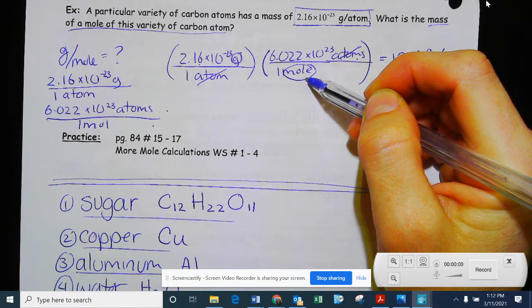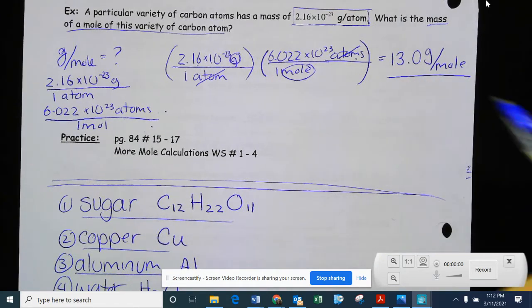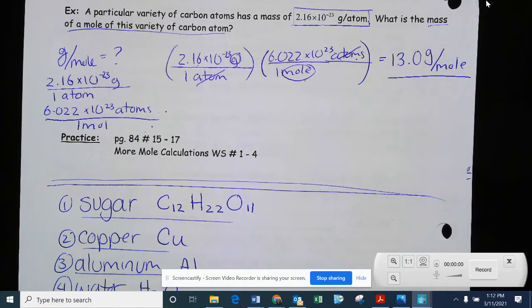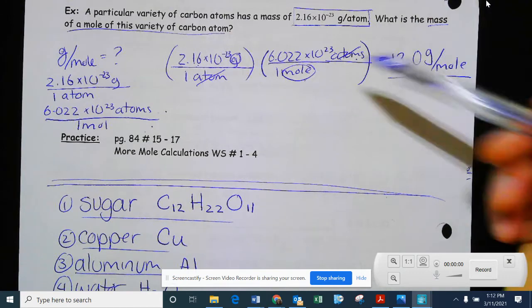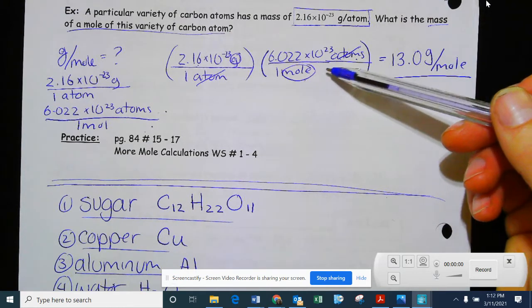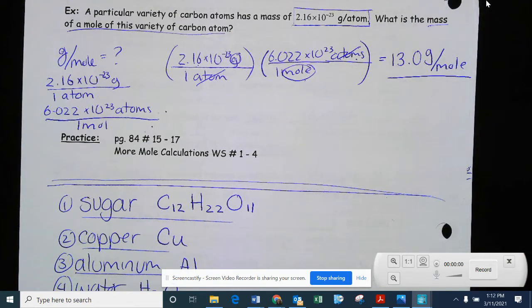So, yeah. Okay. Light bulb went off. That's good. Yep, exactly. So basically, all you're looking to do with these questions is cancel things out and look for a missing unit.